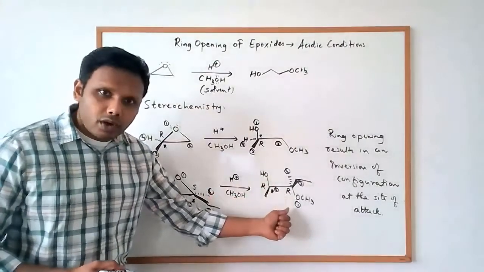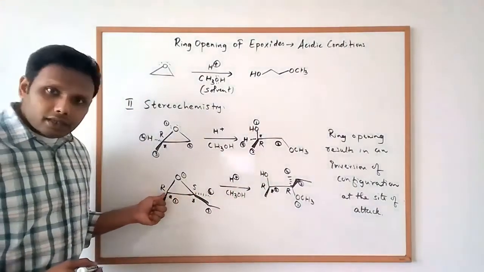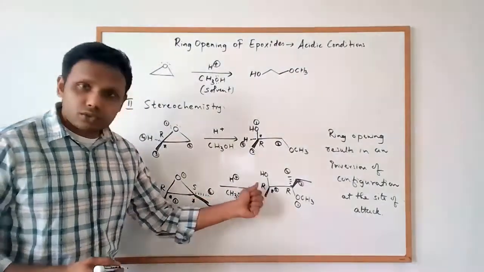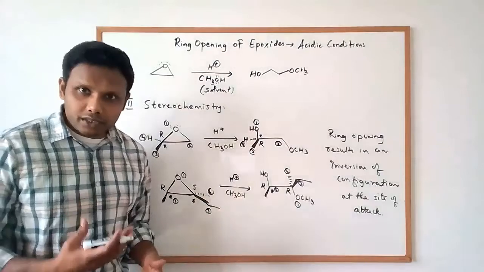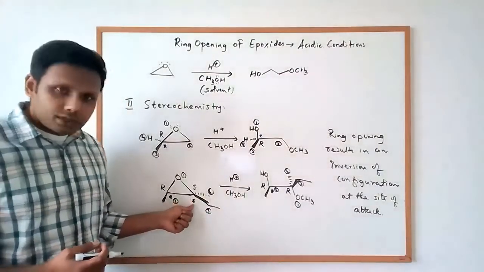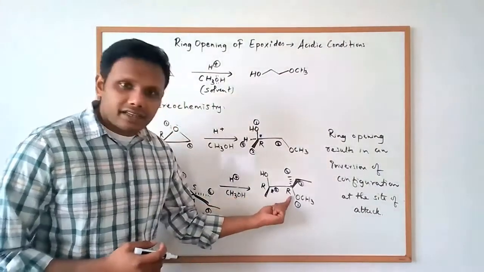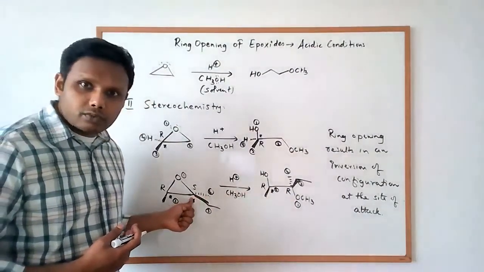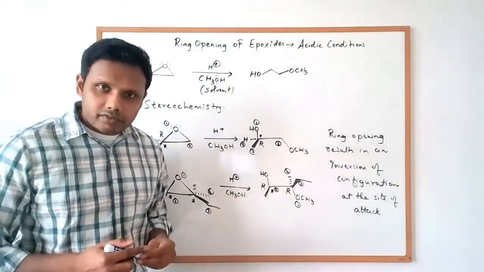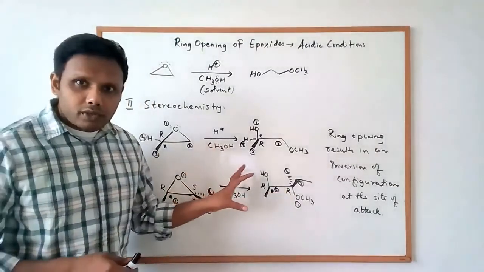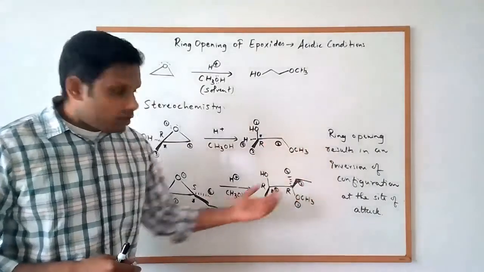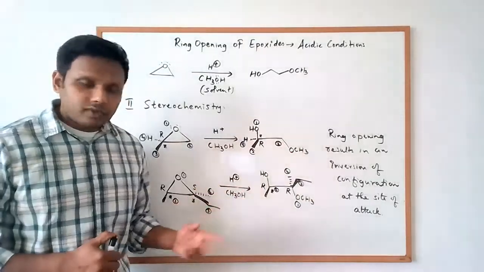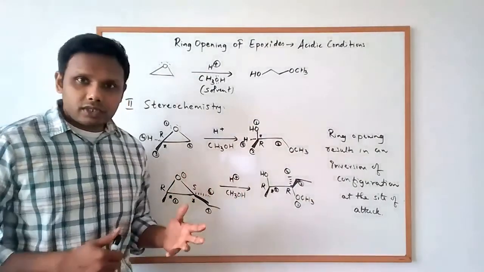So when we look at our product, the secondary carbon continues to be of the R configuration. There's no change over there. The configuration is retained. But the tertiary carbon, which is attacked, has an inversion of configuration. It was an S configuration to start with, and now it is an R configuration. That captures the statement that the ring opening results in an inversion of configuration at the site of the attack.